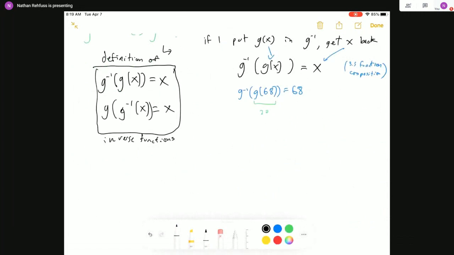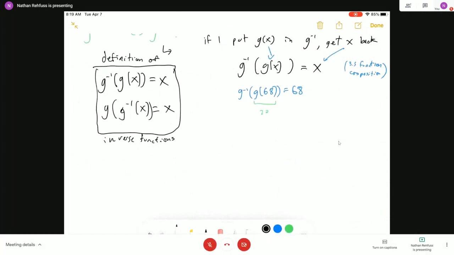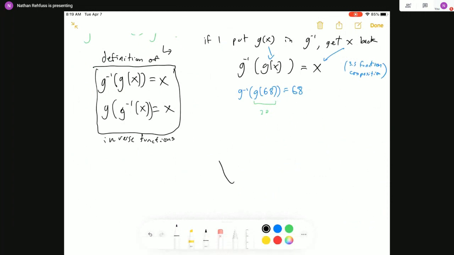I also want to draw a little diagram with the domains and ranges here. So if this is some number x, and let's say this is the function g, so that's going to turn x into g of x.